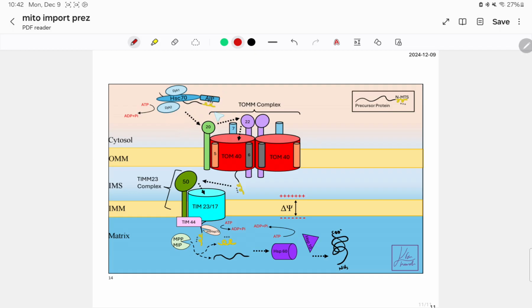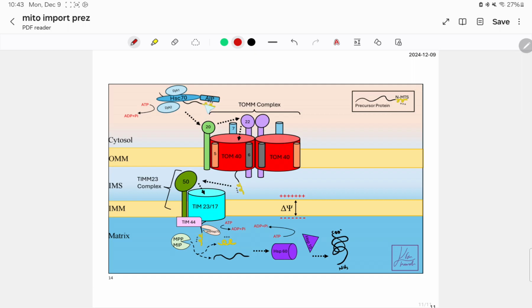Now, it has a positively charged side, okay, which is hydrophilic, and it has a hydrophobic side, which is lipophilic, okay? This protein is kept in this unfolded primary structure by the help of HSC70, a heat shock cognate 70, which is a chaperone, okay? It's basically a chauffeur that guides the protein to where it needs to go, okay? And there's other things like co-chaperones, like DJA1 and DJA2 and AIP, which regulate the ATPase function of HSC70, right? So remember, this process requires ATP hydrolysis to keep the protein in an unfolded state.